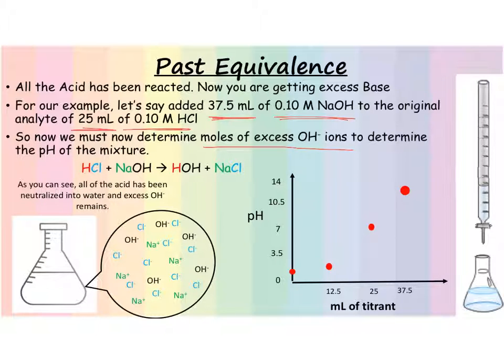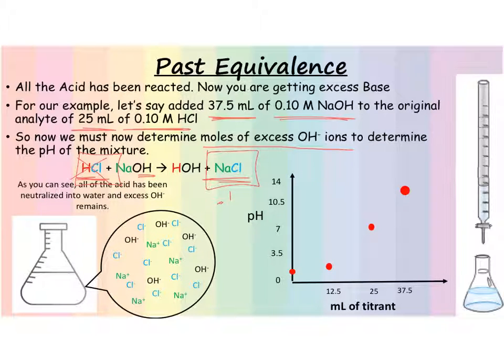In the solution at this point, all of our H+ has been neutralized by our OH- to form the water. We do still have some NaCl over here. So my HCl and my NaCl, we're looking at the 25 milliliters, right? So basically I'm still at 0.1 molar, and then this one has been completely neutralized. It was the limiting reactant in this case.